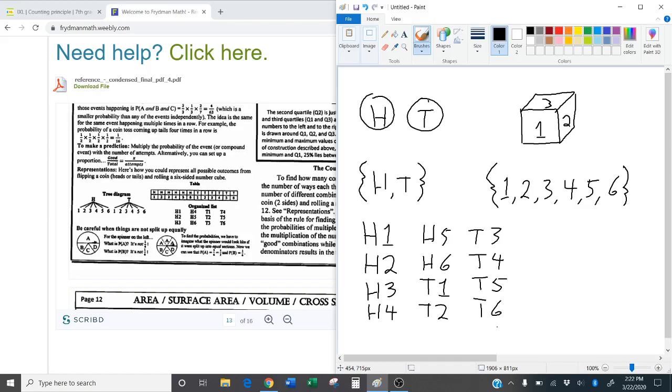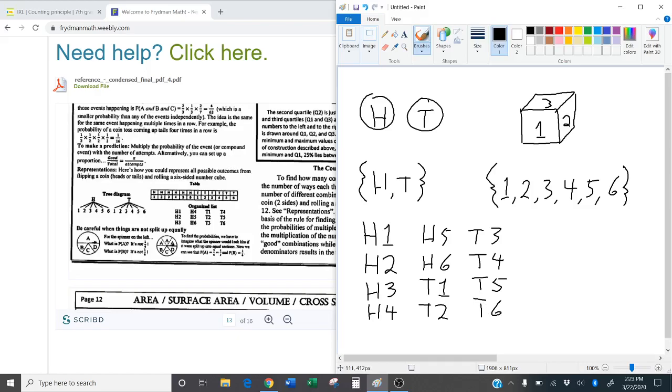Those are all the different combinations that I can make with heads and tails for the coin, and 1, 2, 3, 4, 5, 6 for the number cube. How many possibilities are those? Well, it's 1, 2, 3, 4, 5, 6, 7, 8, 9, 10, 11, 12. So there are 12 total possibilities.